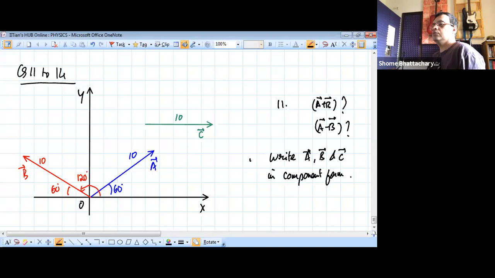This is the first thing you do. And then what you do is calculate A plus B and A minus B, but again in component form. And from that you will be able to check the options.